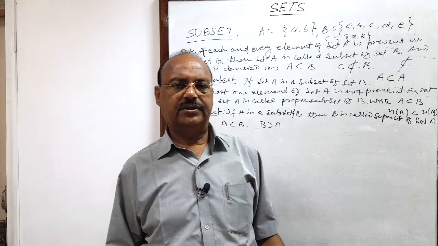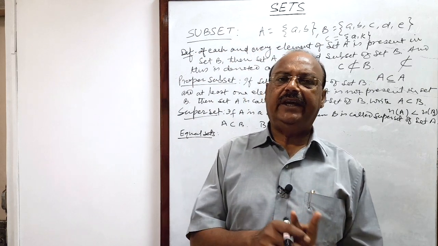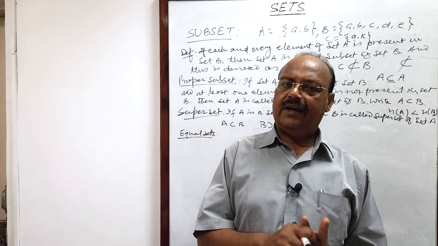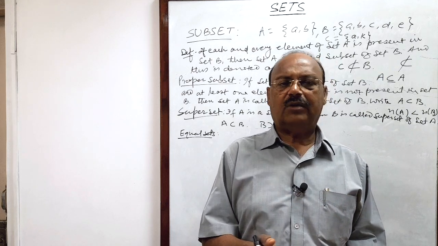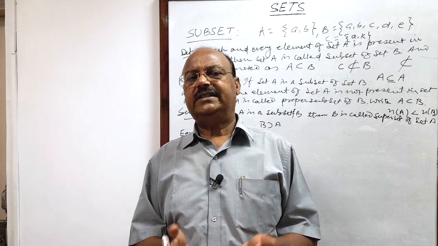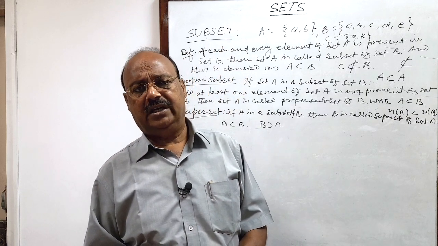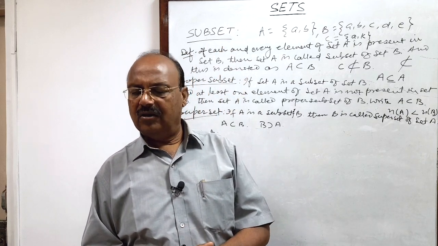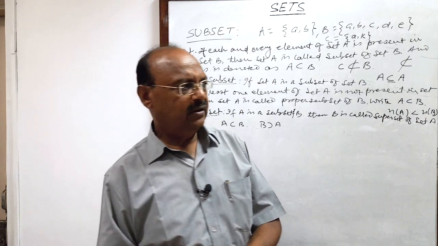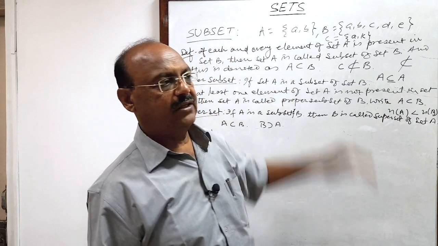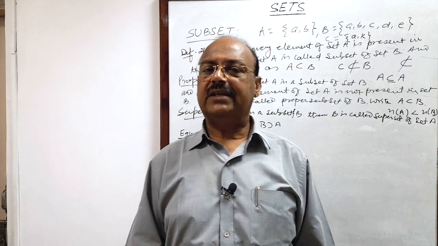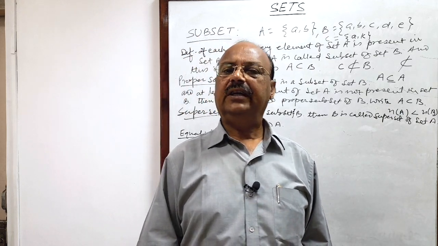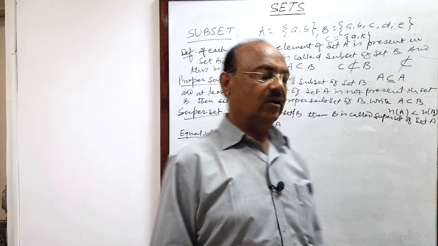I am repeating it: if two sets A and B have the same elements, so obviously the number of elements will be the same as well as the elements, then A and B are called equal sets. But with the help of the definition of subset, we can also prove that two given sets A and B are equal.